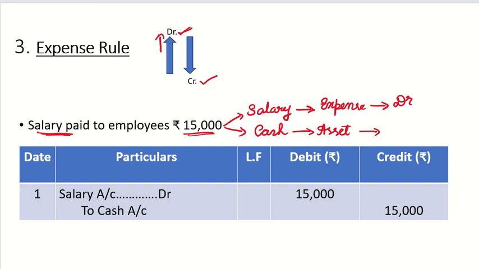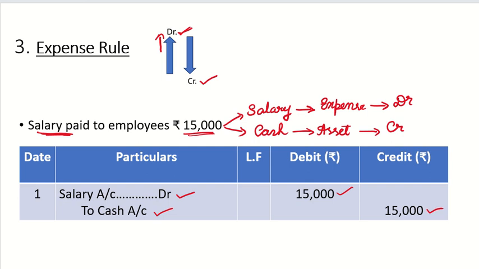When cash is decreasing, the asset rule says we are going to credit that account. So what will be the entry here? Salary account debit to cash account rupees 15,000. Fine. So this is the simple way to apply the rules here.